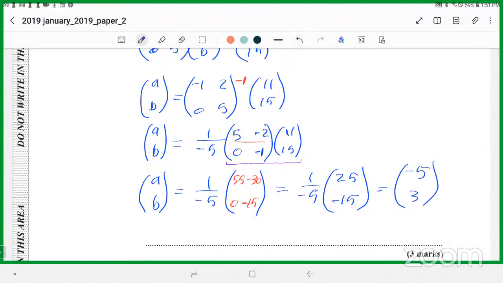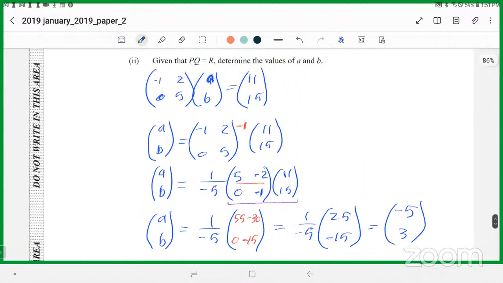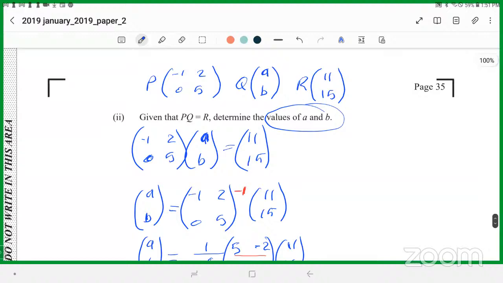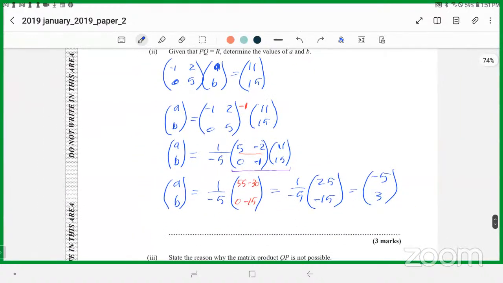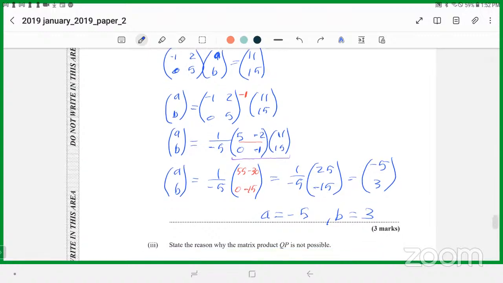You can't leave that as your answer, because the question asks us for the value of A and B. So you cannot leave the matrix. You have to explicitly state the value for A and the value for B. So you're going to say A equals -5 and B equals 3. B equals 3. That's it. Beautiful. 3 whole marks for that.